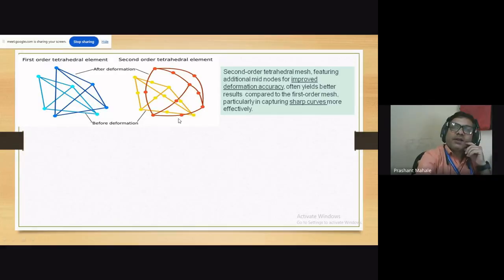Okay, so this shape is more nearer to the actual compared to this shape. So therefore, second order elements are comparatively more beneficial compared with the first order. But the drawback is it takes more computational time, and therefore it will take time for analysis.